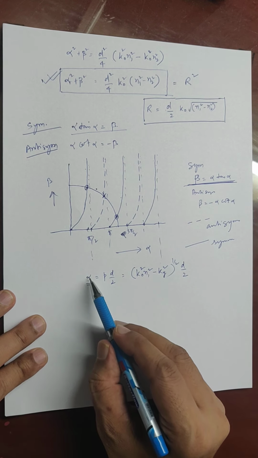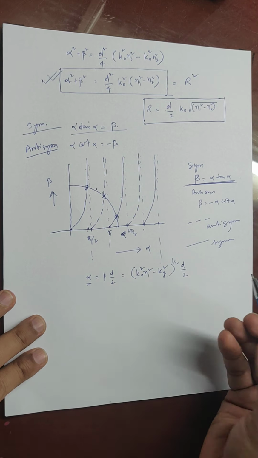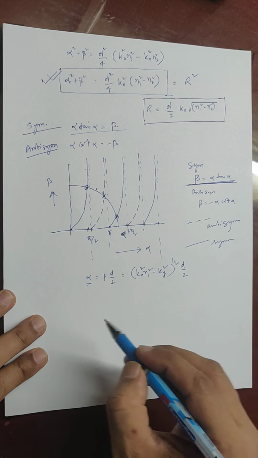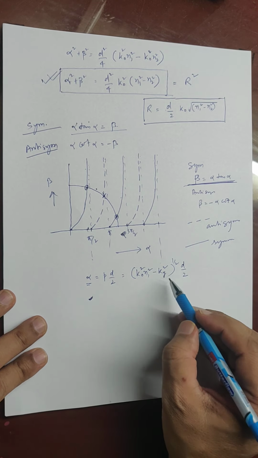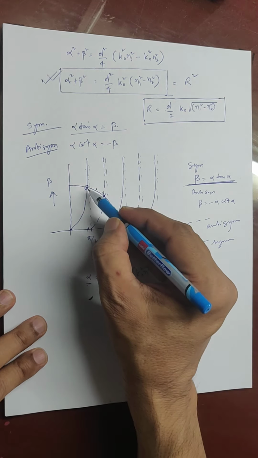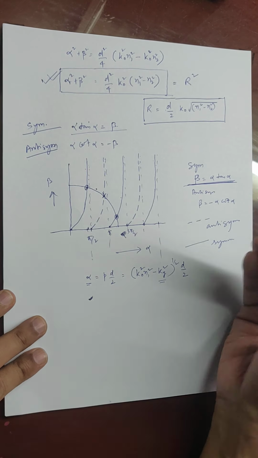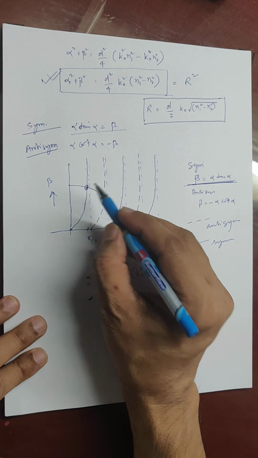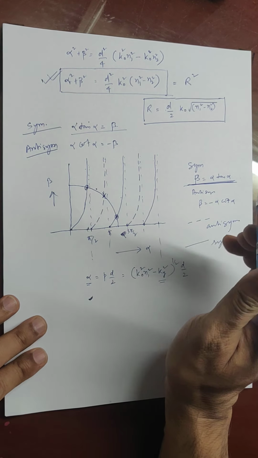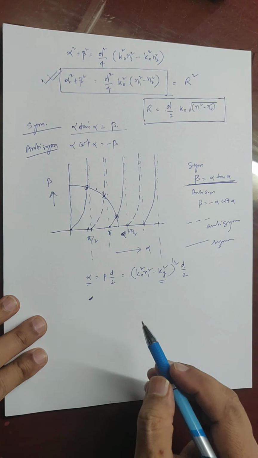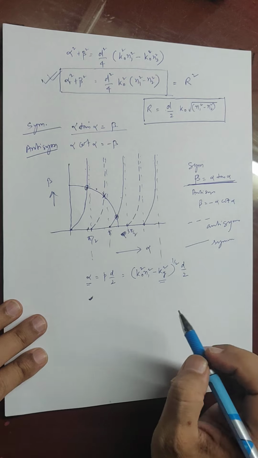If alpha has a value, n1, k naught, d already have some value, so alpha would actually fix the value of kg. So one particular intersection would give you a value of kg. This will have a particular value of kg, this another particular value. So each intersection has its kg1, kg2, kg3.